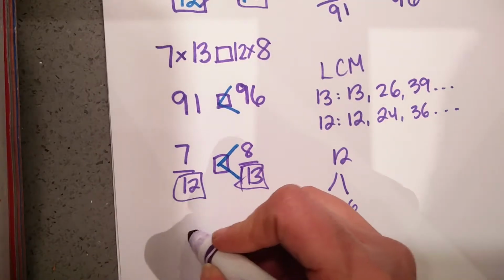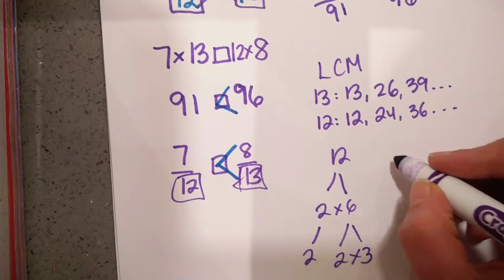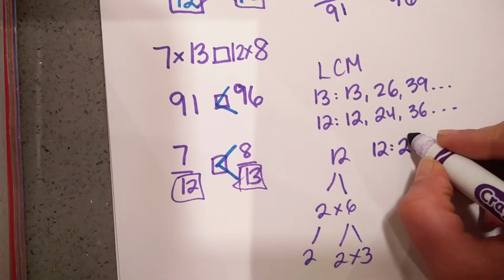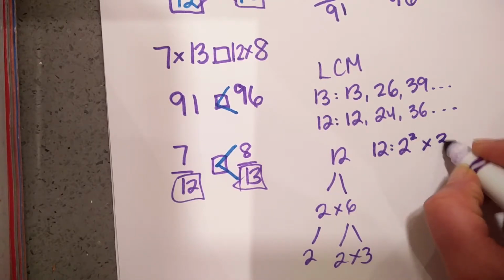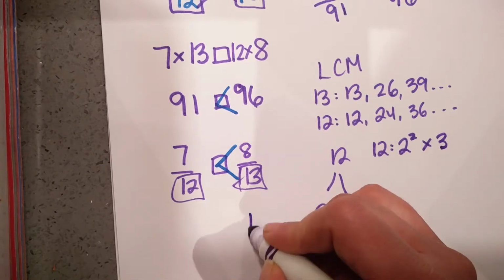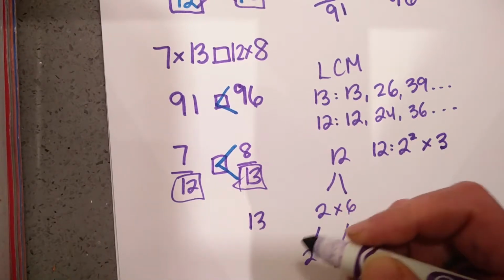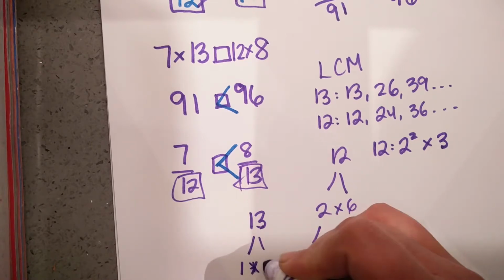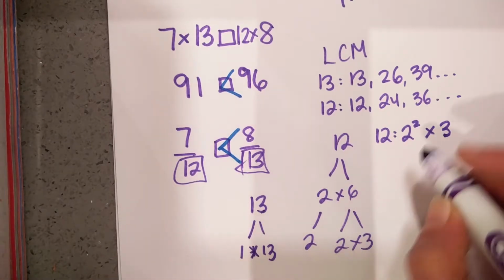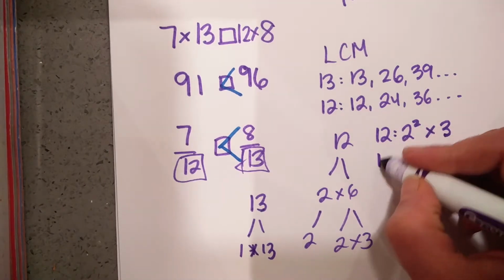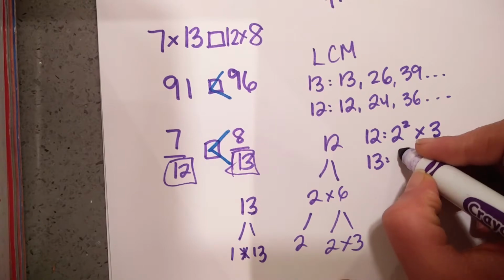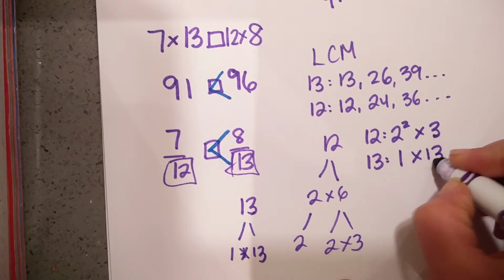So I can rewrite 12 as 2 squared times 3. Take the number 13. Well, 13 doesn't really divide into anything. It's just 1 and 13. That's kind of it. So I'll write it here as 1 times 13.